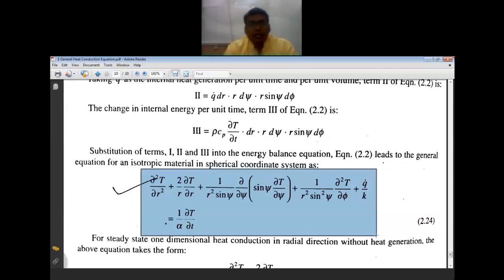I have to remember the cylindrical coordinate system, spherical coordinate system and Cartesian coordinate system: the diffusion term, the generation term and the unsteady state term. All these three terms are to be remembered. Then I can have permutations and combinations of the different equations, so that I can get the Laplace equation, the Fourier equation and the Poisson's equation.